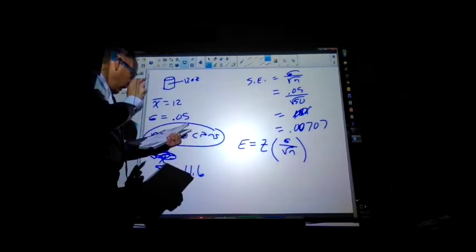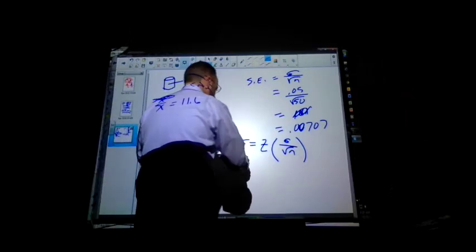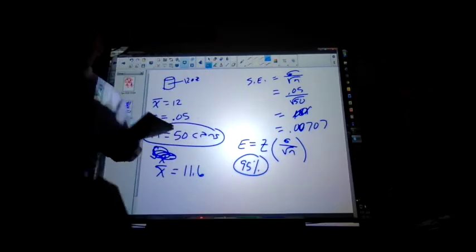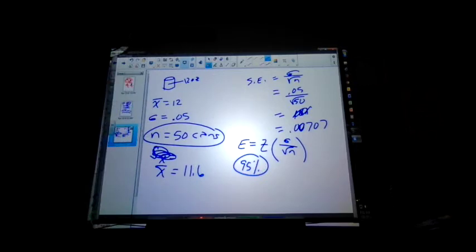Okay, so we want to create a 95% confidence interval. Where am I going to find this? Table D. Look to the 95, which you'll find on the very bottom. We're using the Z-score, so we're not worried about degrees of freedom. So we're talking about 1.960, right?